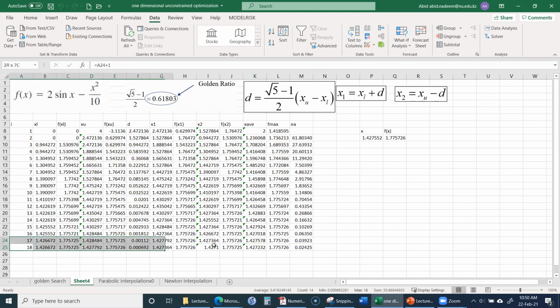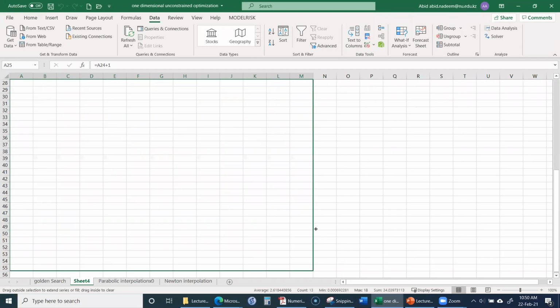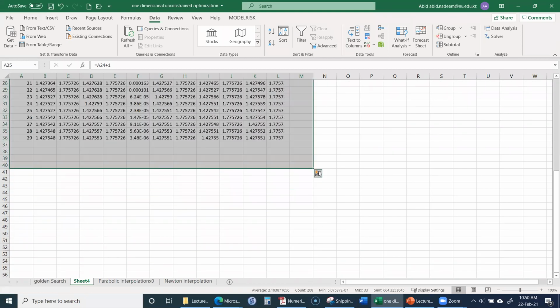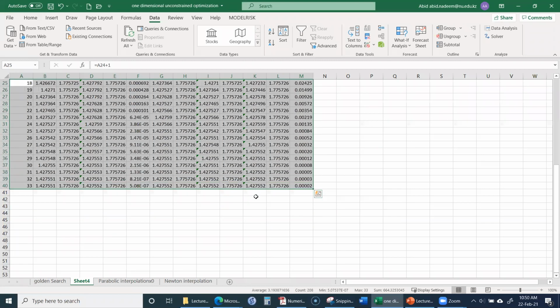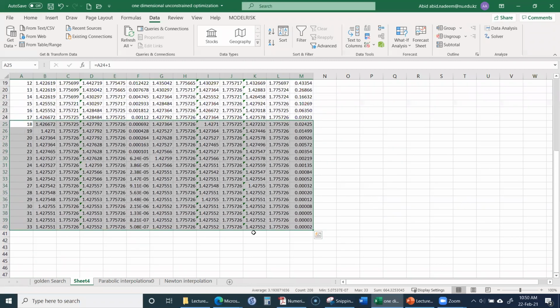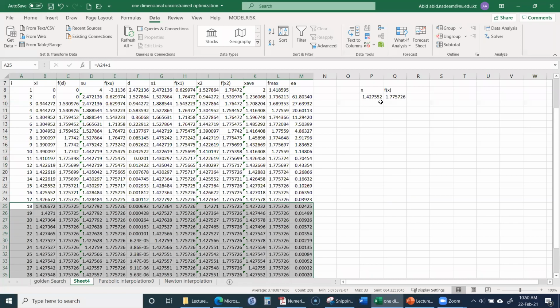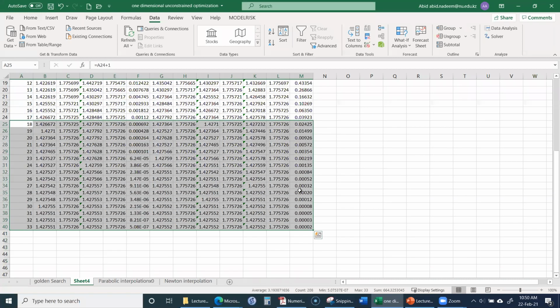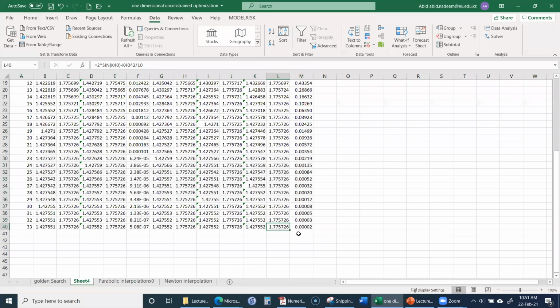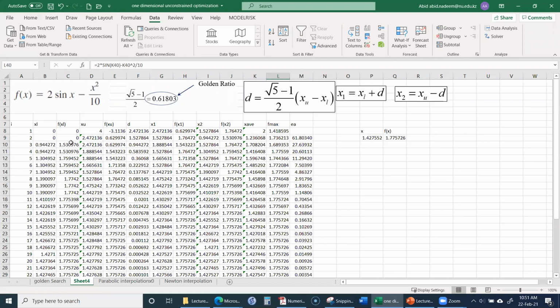Maybe if we take some more iterations, we can get even closer values. Now we're getting 1.42755, 1.427552. So very close values, and the maximum value of the function we have got is 1.775276. So in this way we can set up this problem on Excel.